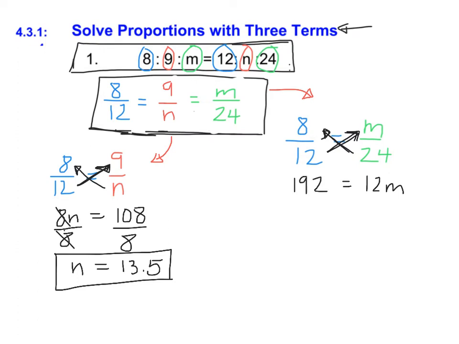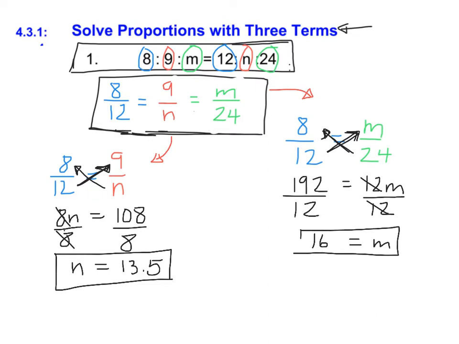And then in order to get rid of the 12, I'm going to have to divide the 12 from both sides, because that's 12 times m, opposite operation division. So 12m divided by 12 is just 1m, and 192 divided by 12 would give me 16. So that would be the proper answers for those.